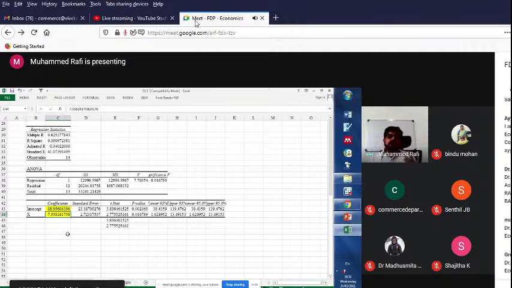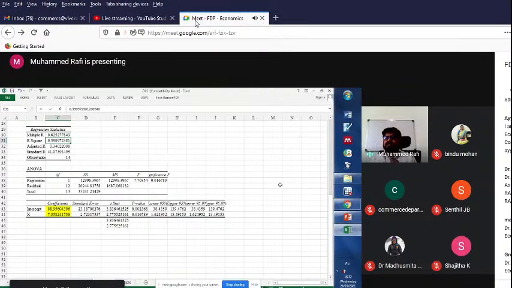And you also get the r square. The r square will tell you how much of the variation in y can be explained by the variations in the independent variable. Here r square is 0.39, so almost 40% of the variation in the dependent variable can be explained by your model, by x.